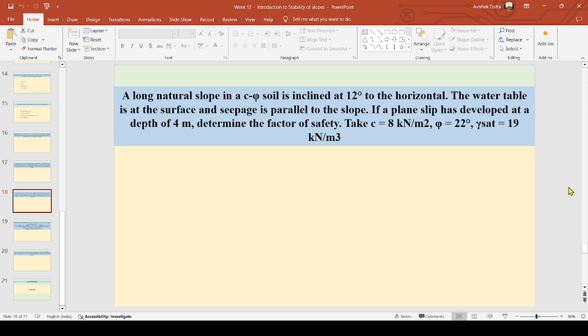Take cohesion equals 8 kilonewton per meter square, angle of friction phi equals 22 degree, and gamma sat, the saturated unit weight, as 19 kilonewton per meter cube. So this is the changed sum. It is a c-phi soil having both cohesion and angle of internal friction. And in this sum, a plane slip has developed at a depth of 4 meters.